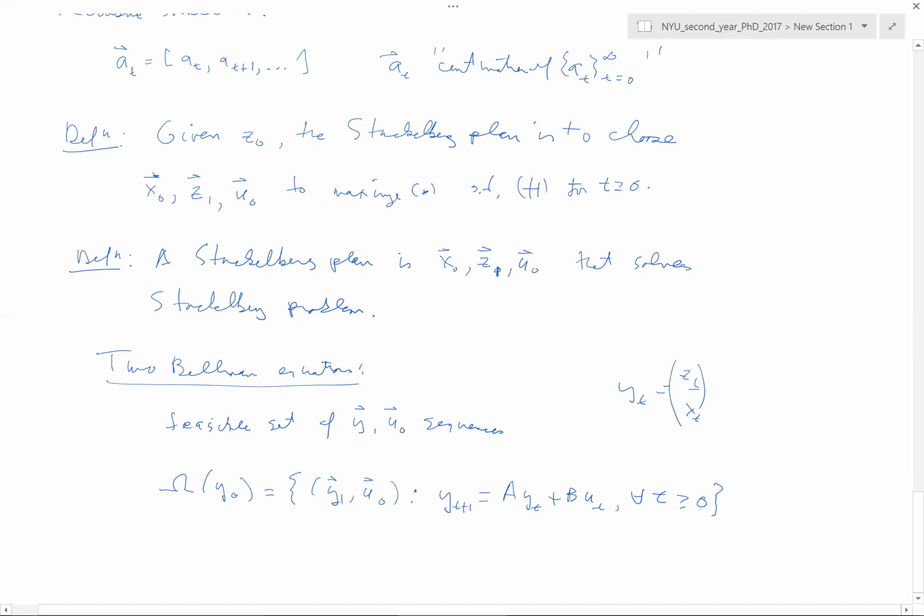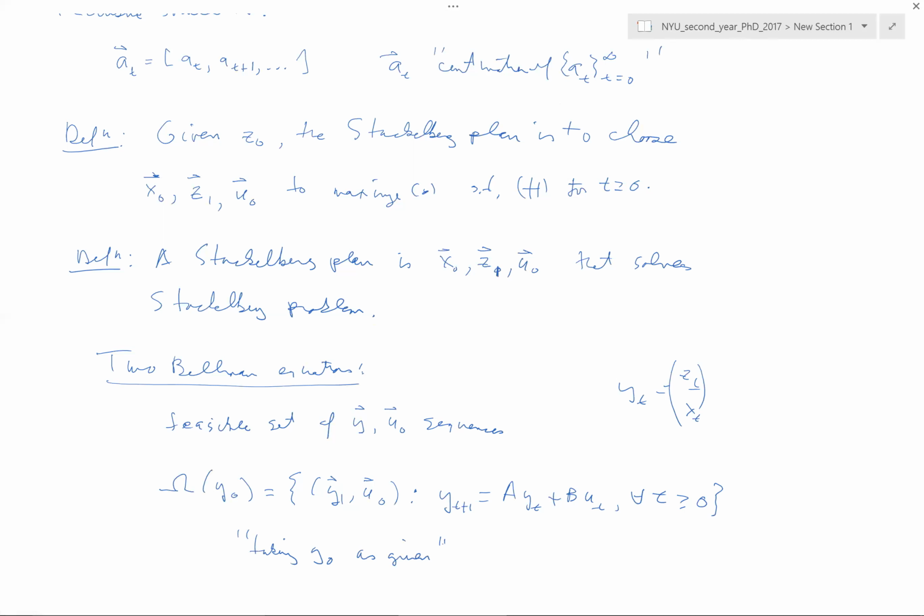So stare at that for a minute. Starting from a Y0, which we're taking as given, the spirit of this is we're taking Y0 as given here.